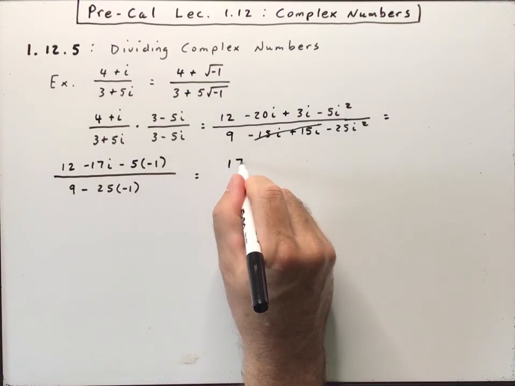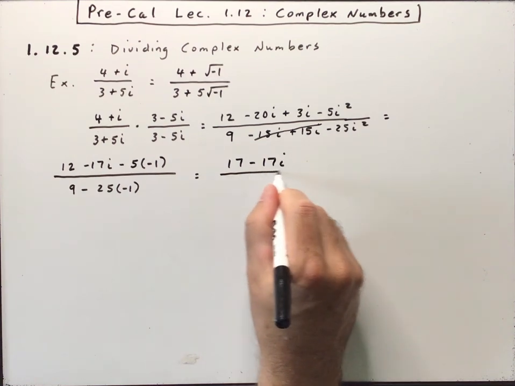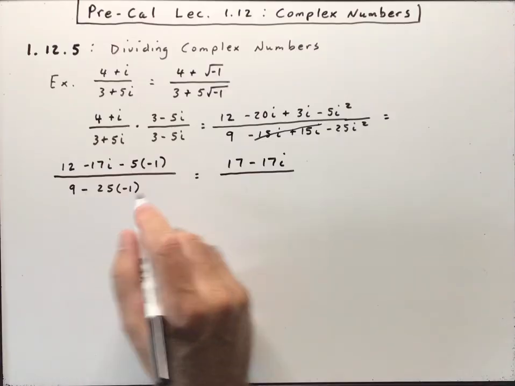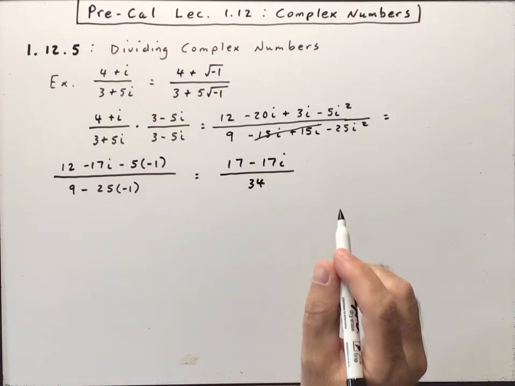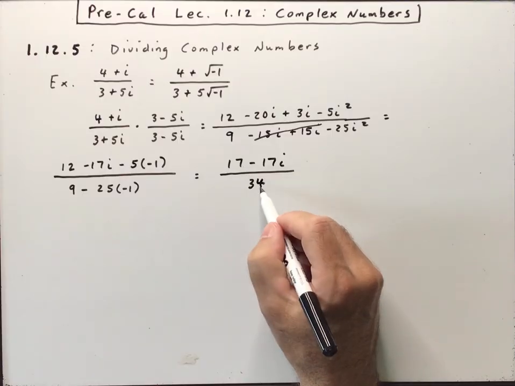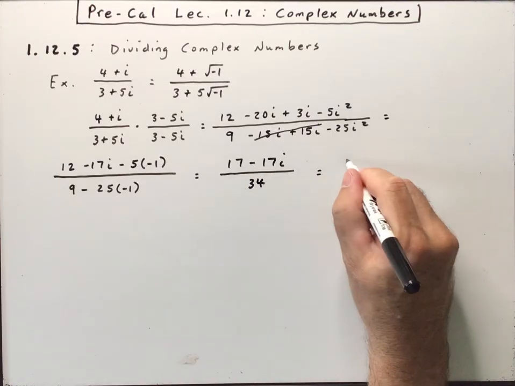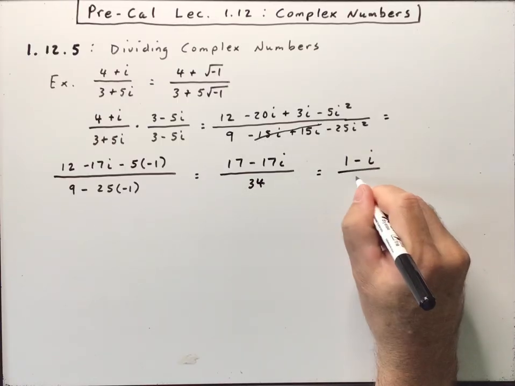So on top we'd have 17 minus 17i. And on the bottom, 9 plus 25 with the two negatives, 34. All right, that's great, but 17 will go into 34 two times. So I can reduce this down to 1 minus i over 2.